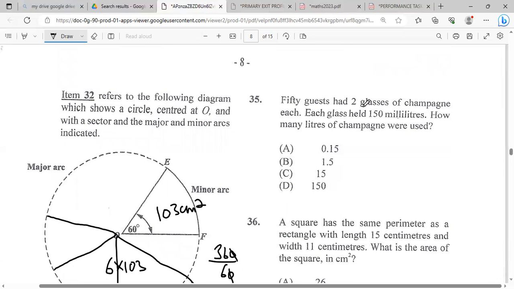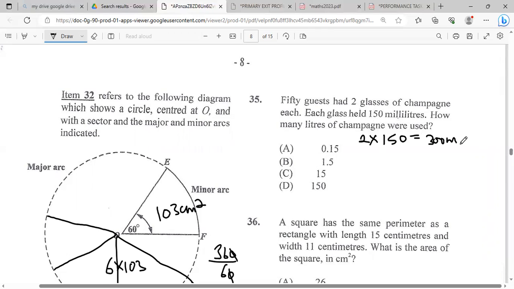50 guests had 2 glasses of champagne each. Each glass held 150 milliliters. How many liters of champagne were used? So I'm going to multiply 2 times 150 to know what each person has, and that works out to 300 milliliters.